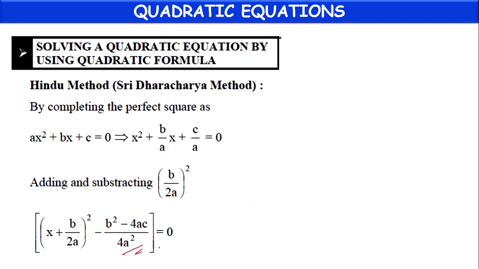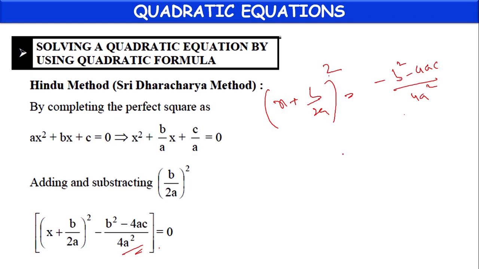Next we have x plus b by 2a whole square equal to minus of b square minus 4ac by 4a square. We are having this value.